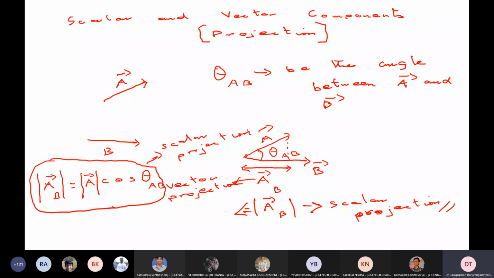The scalar projection is mod A cos of theta AB, and the vector projection is actually very simple. I want to find the vector, so how do I do that?